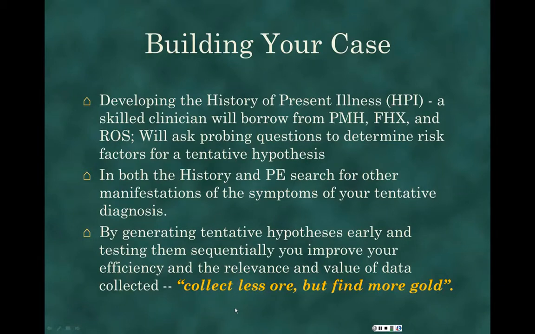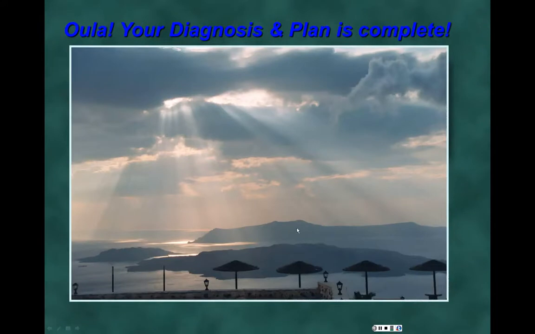By generating these tentative hypotheses early and testing them sequentially throughout your data collection, you improve your efficiency and the relevance and value of data collected. As the saying goes, you collect less ore, but you find more gold. And now, voila, your diagnosis and plan is complete.